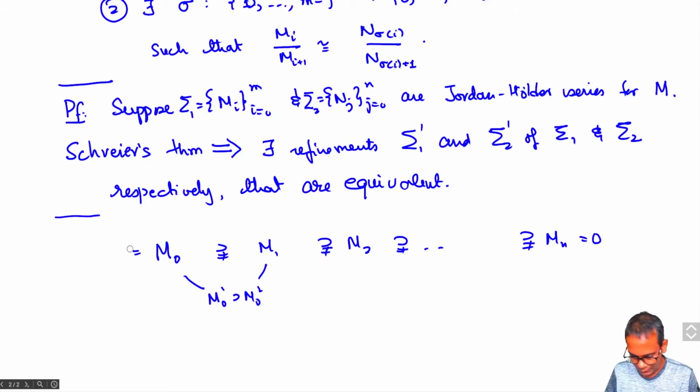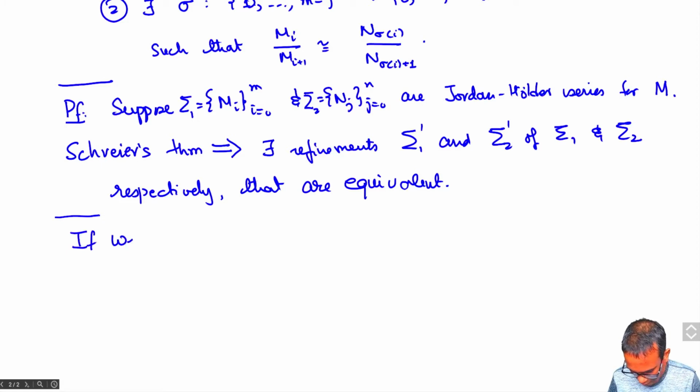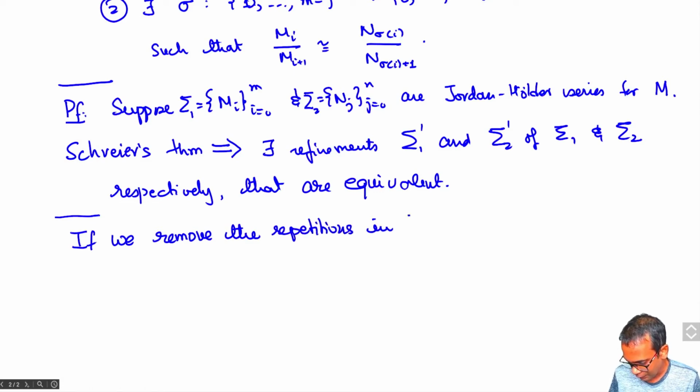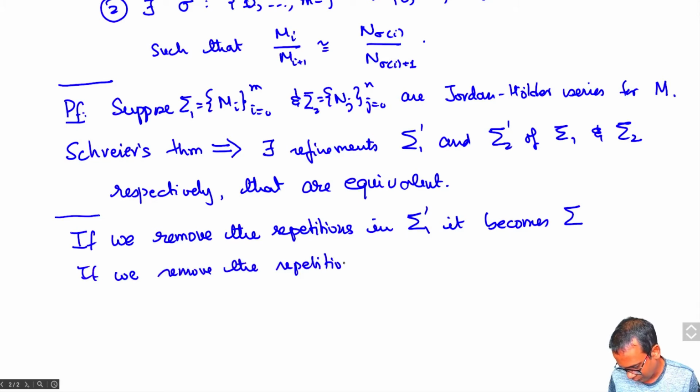And so once we remove the repetitions in sigma 1 prime, it becomes sigma 1, and if we remove the repetitions in sigma 2 prime, it becomes sigma 2.